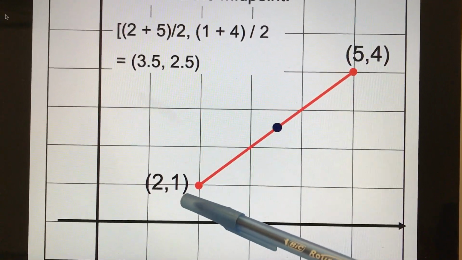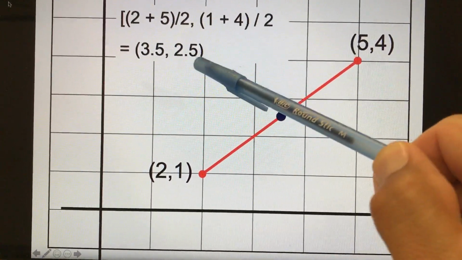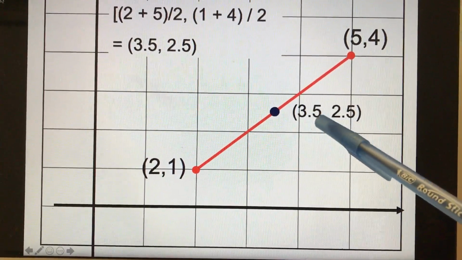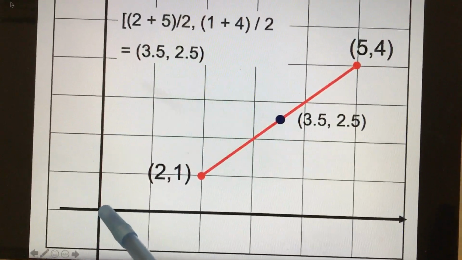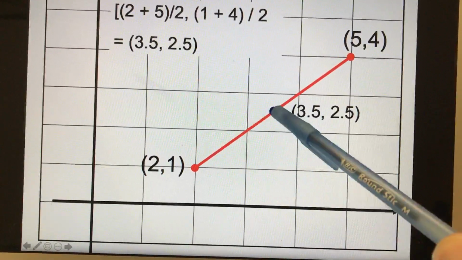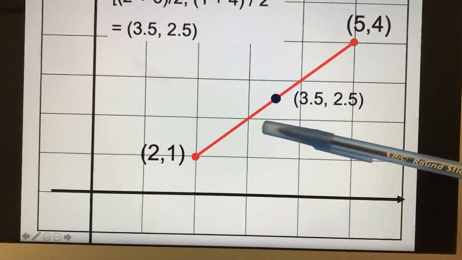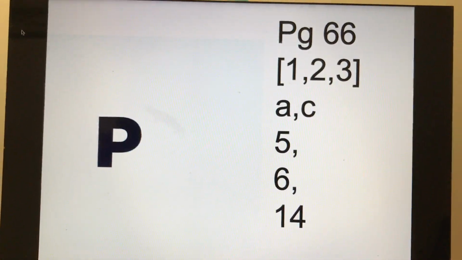And I'm going to add the y values together, 1 and 4, 1 plus 4, divide by 2 is 2.5. And if I label that point, my x value and my y value, I see 3.5. Okay, I start here, 1, 2, 3.5, got it? And I'm up 2.5, 1, 2.5, perfect. Okay, try these questions.